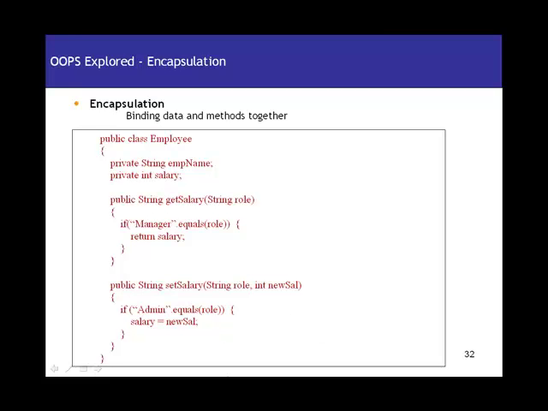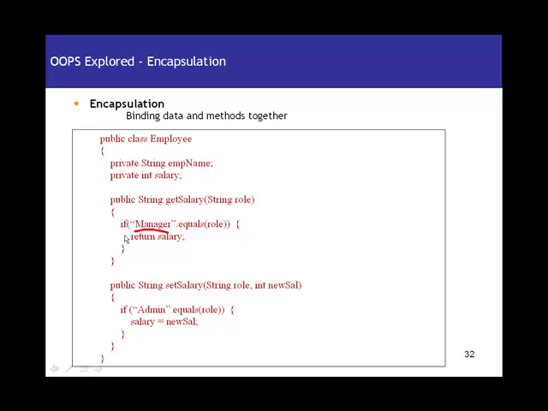You've got getter and setter methods for salary here. The getter method takes a role as the argument, and it checks if the person is a manager, I am going to return the salary value to the person. If not, I'm not going to return the salary to the person. That's the check you are going to make when implementing the get salary method.